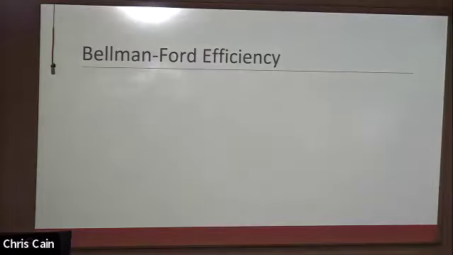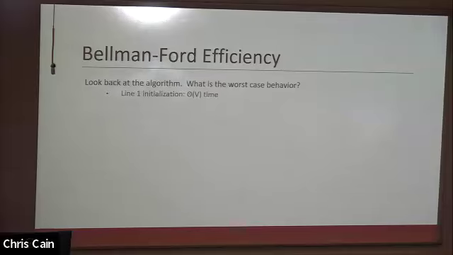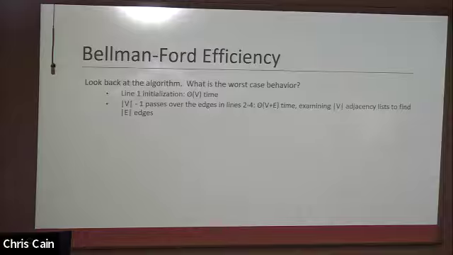So if we're looking at the efficiency of Bellman Ford, what's the worst case behavior? We have to initialize from the first line. That's going to be V time. We go through every vertex. Then we have the vertex minus 1 passes over the edges.